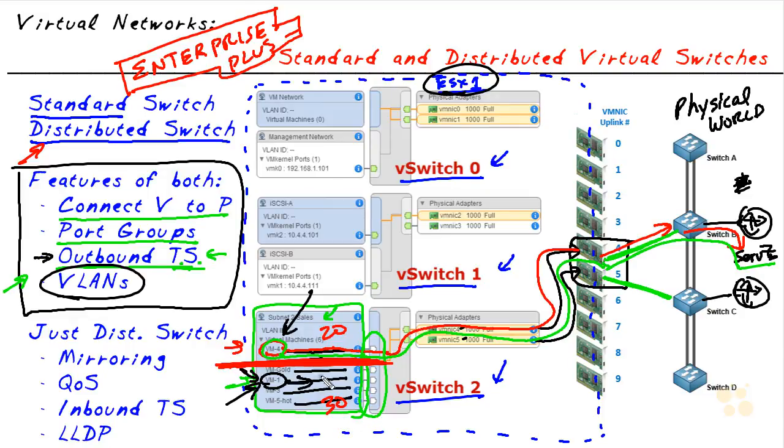And one of the magical things that's going to happen on this uplink as that traffic goes out to the physical world, it's going to use something called 802.1q tagging, which is simply a way of including that VLAN information, for example, VLAN 20 or VLAN 30, as those frames hit the physical switches, so the switches in the physical world know exactly which VLAN those frames belong to. And that feature of VLANs, again, is supported in both the distributed as well as the standard switch.